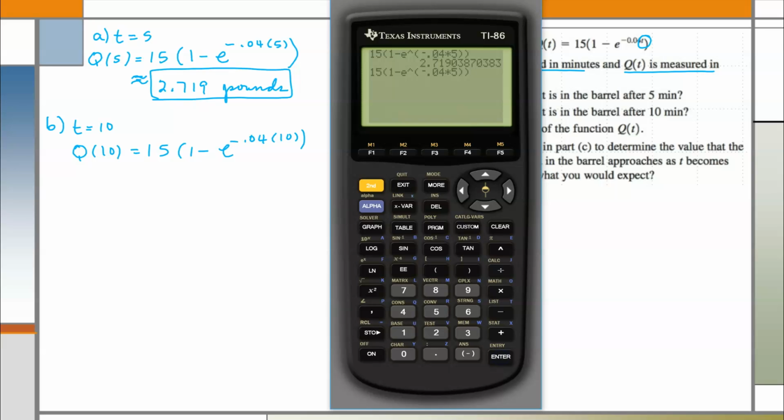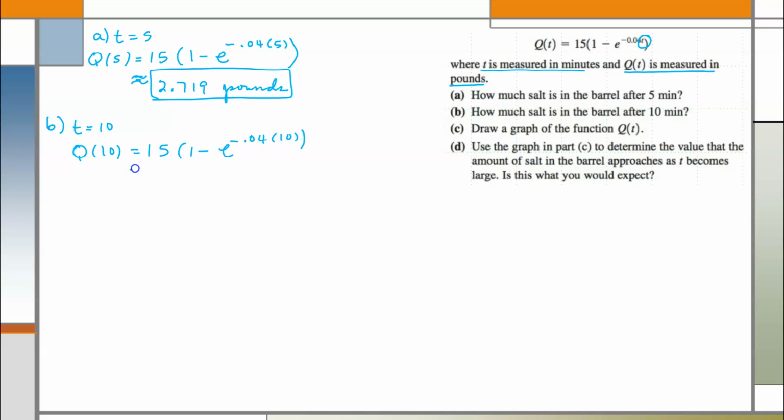You can go back quite a few lines, and we're going to change that 5 minutes. In part B, we're looking at 10 minutes. Then we end up with 4.945 for Q. After 10 minutes, there's about 4.945 pounds of salt.